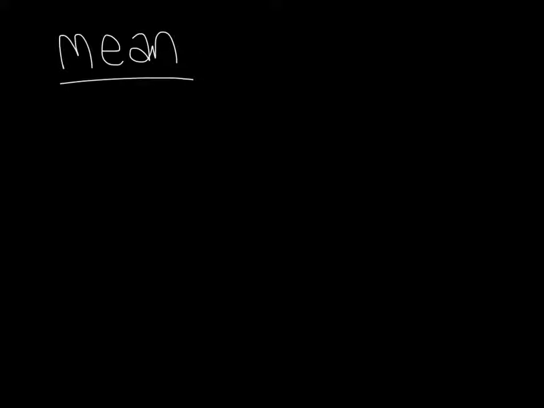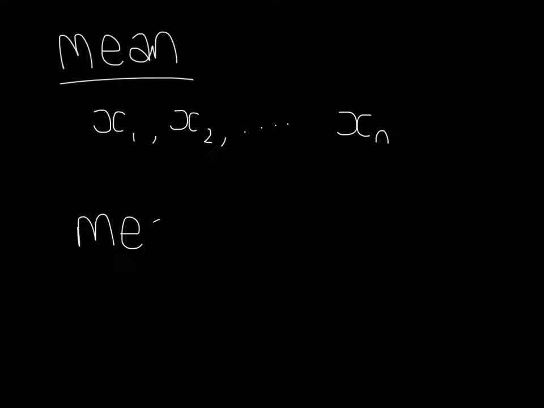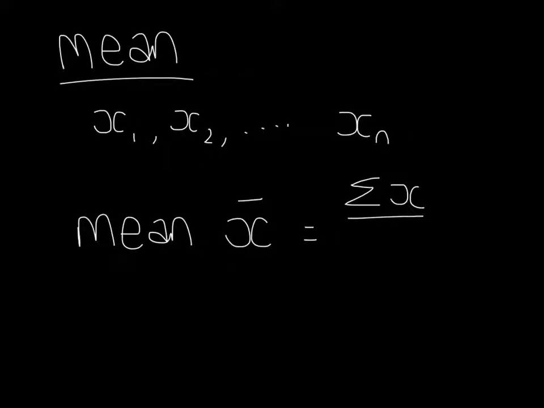So when we do this in proper mathematical terms, we say if we have all of the numbers and we call them x1, x2, up to xn, our list of numbers that we want to find the mean for, then the mean, or x bar as it's called, is the sum, sigma, that means sum, of all the x numbers divided by, and how many numbers did we have? Well, how many numbers we've got is obviously this n here, isn't it? So it's that divided by n.